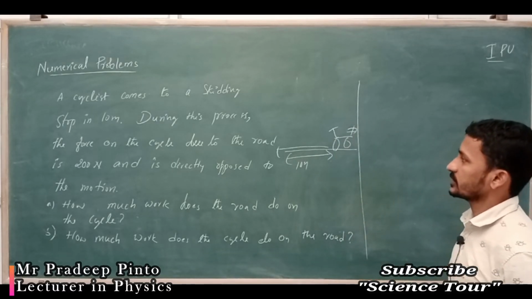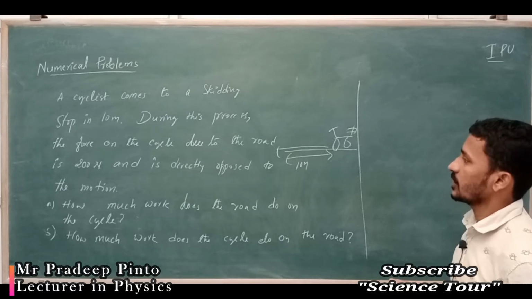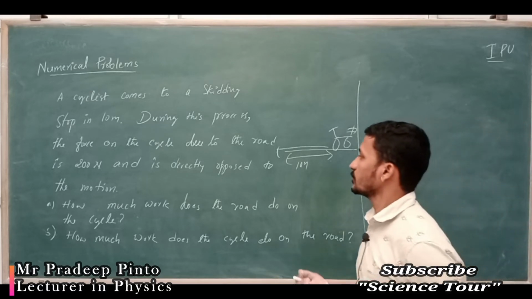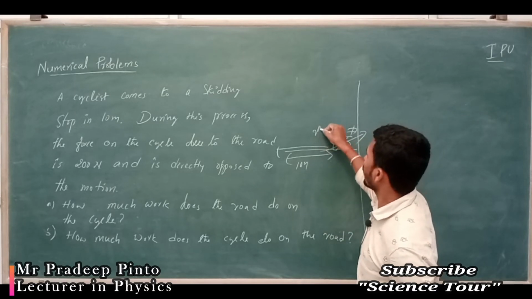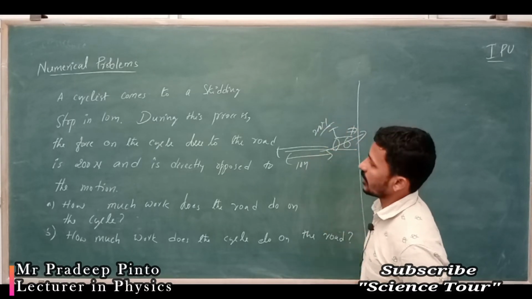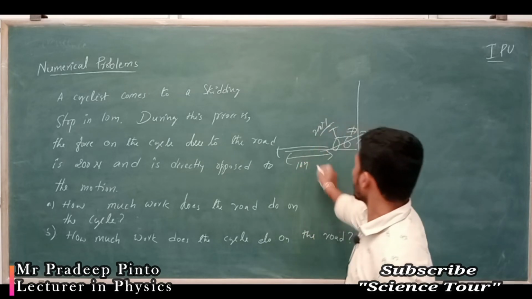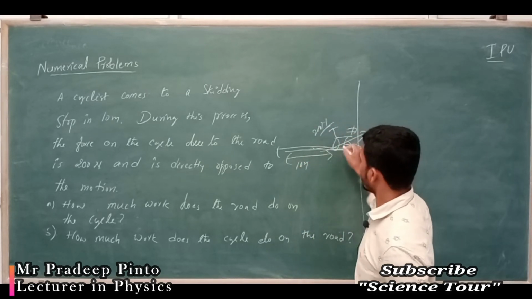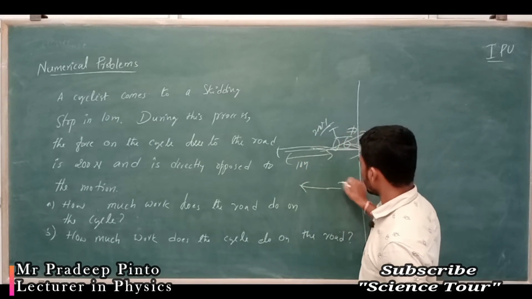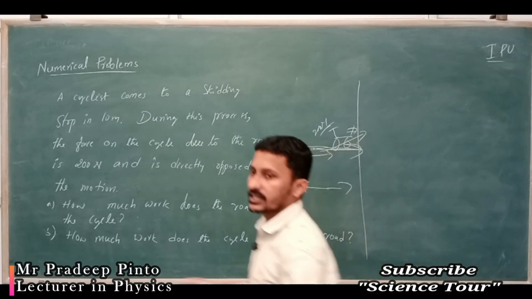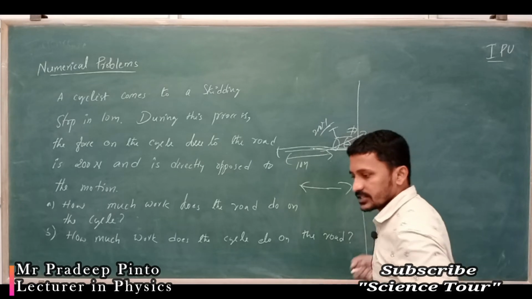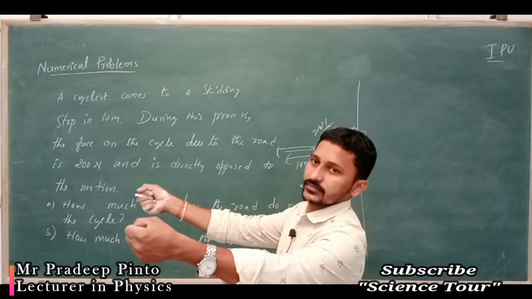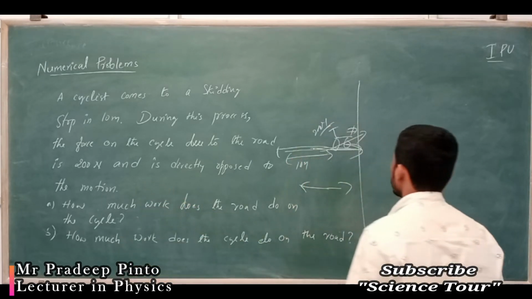During this process the force on the cycle due to the road is 200 Newton. The force will be along this way: you are going to skid, you are applying the brake, but still you are skidding and moving 10 meters.